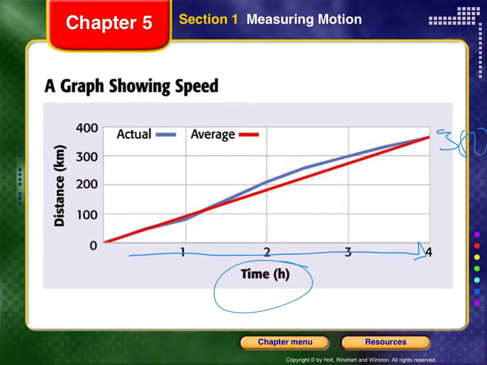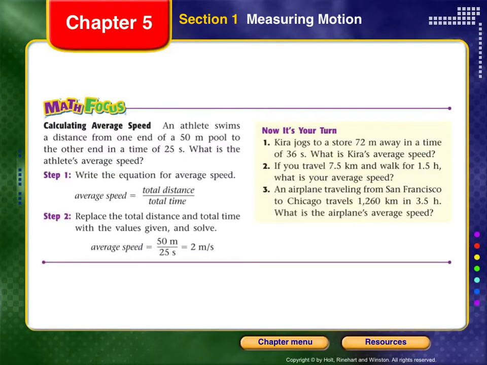If you divide that by 4, you can figure out your average kilometers per hour, whatever 380 divided by 4 is. I'm not going to do that quite right now. Try these. These are on your notes. I want you to try these.